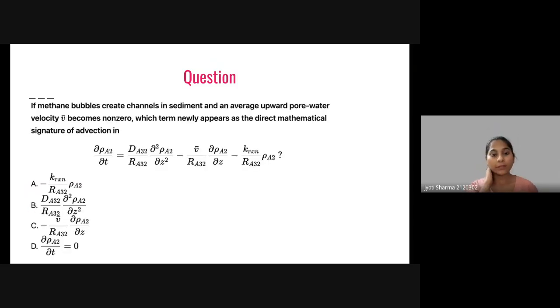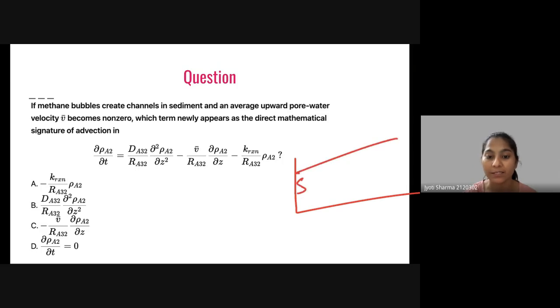Okay, the next question is, if we have methane bubble, so this is a very interesting part that we have. This is again sediment and this is water, and in the sediment we have methane. So let's say this is methane, and methane creates bubble, and that bubble creates a channel in the sediment, and average upward pore water velocity becomes non-zero.